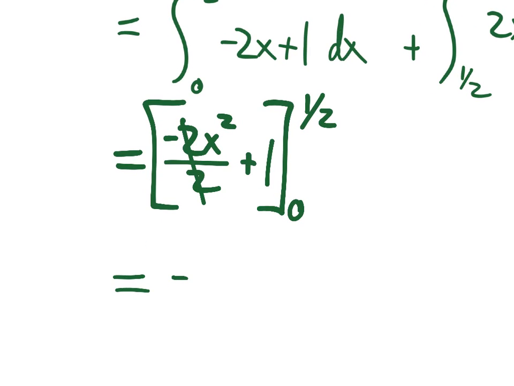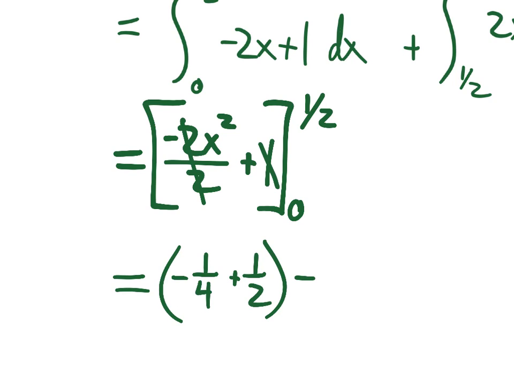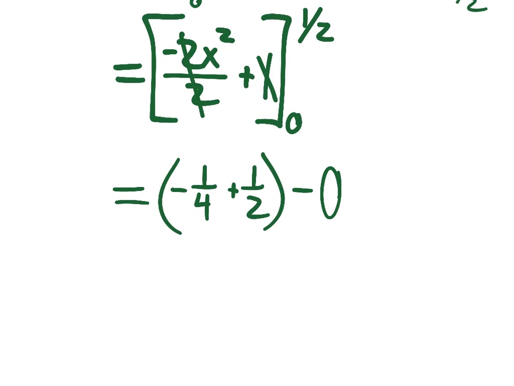Oh yeah, this should be an x. So negative 1/4 plus a half, that's evaluated at a half. And then I've got to subtract it. What is it when it's evaluated at 0? 0. So 1/4 minus 0. So this is 1/4, but that's only half the problem, right?